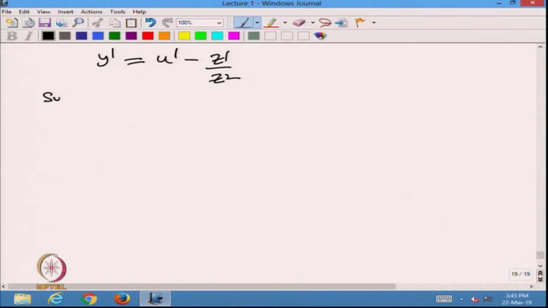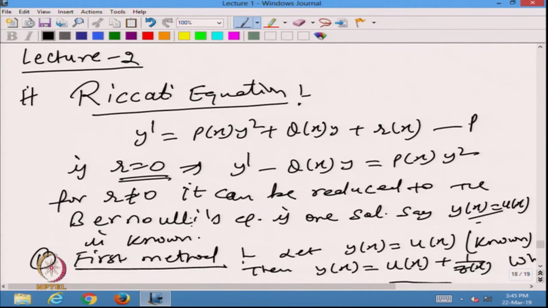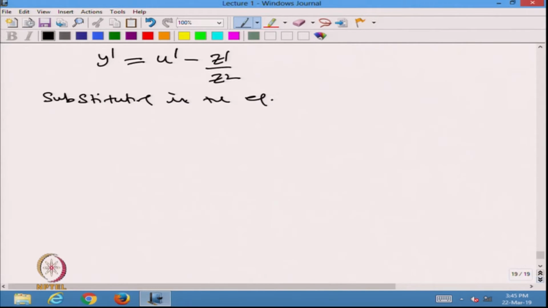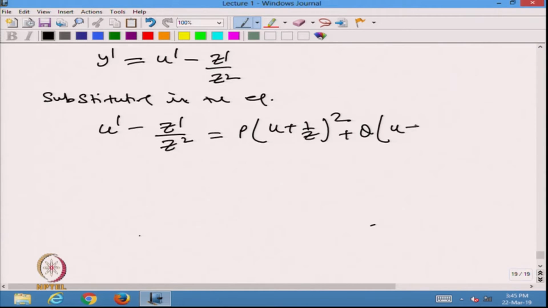Now, substituting in the Riccati equation, which I can name as r, I get u dash minus z dash over z square is equal to p times u plus 1 over z whole square plus q times u plus 1 over z plus r.